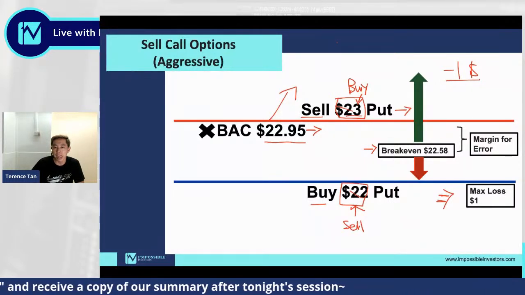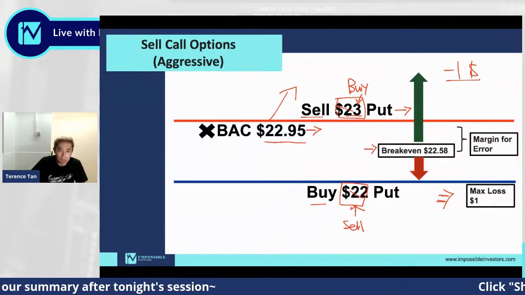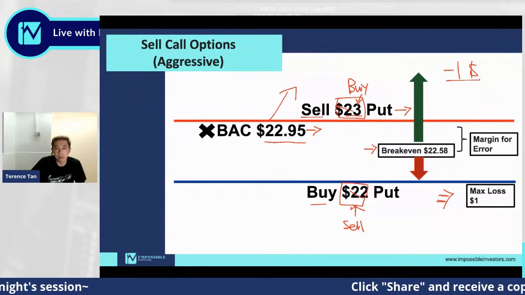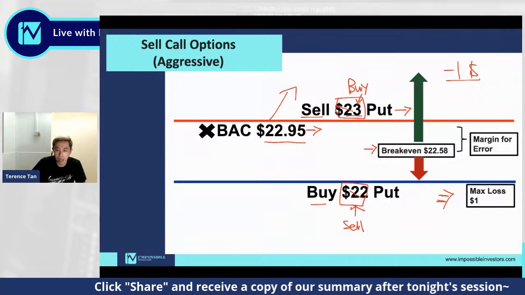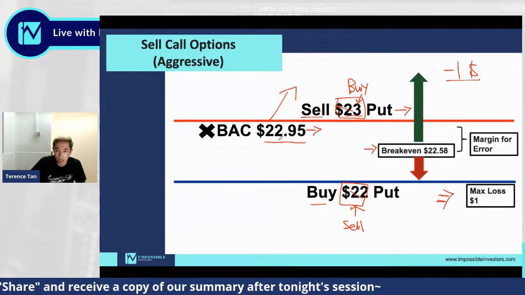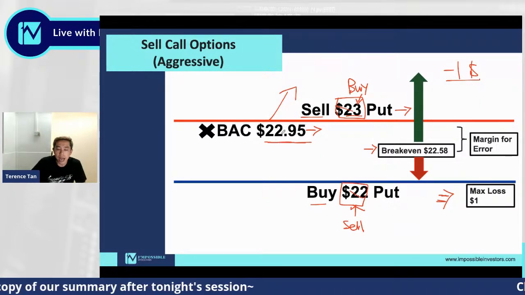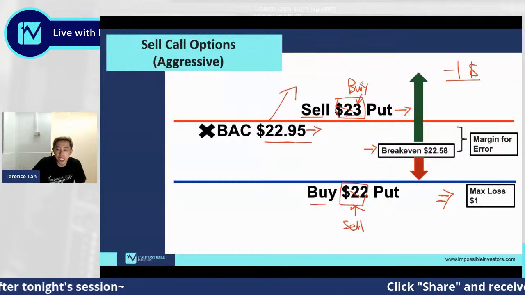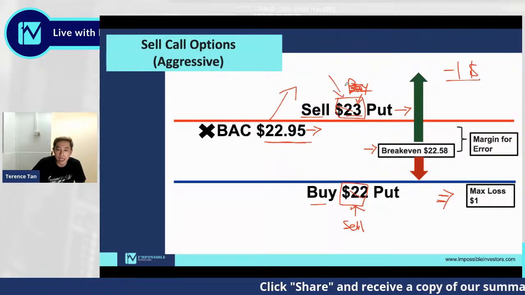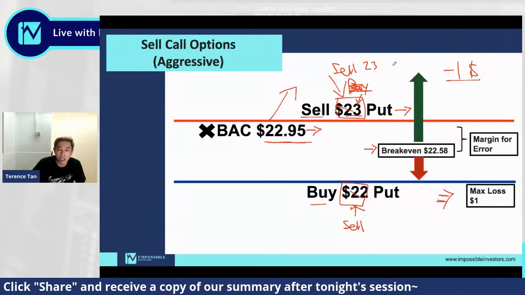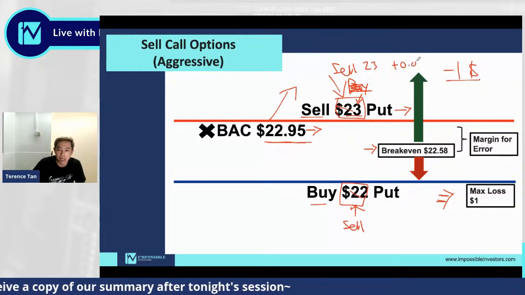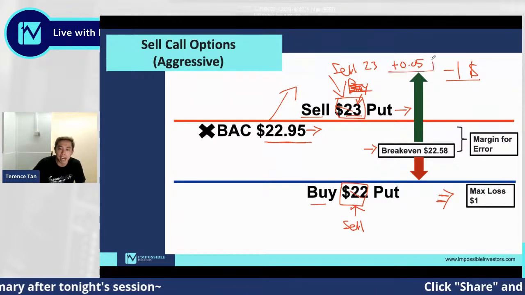And would you be able to make money? Okay, for the aggressive approach. If we buy the stock at $22.95 and we immediately turn around and sell it over here for $23, there is actually a profit to be made. A profit of not a lot, but there's still a profit of 5 cents over here.